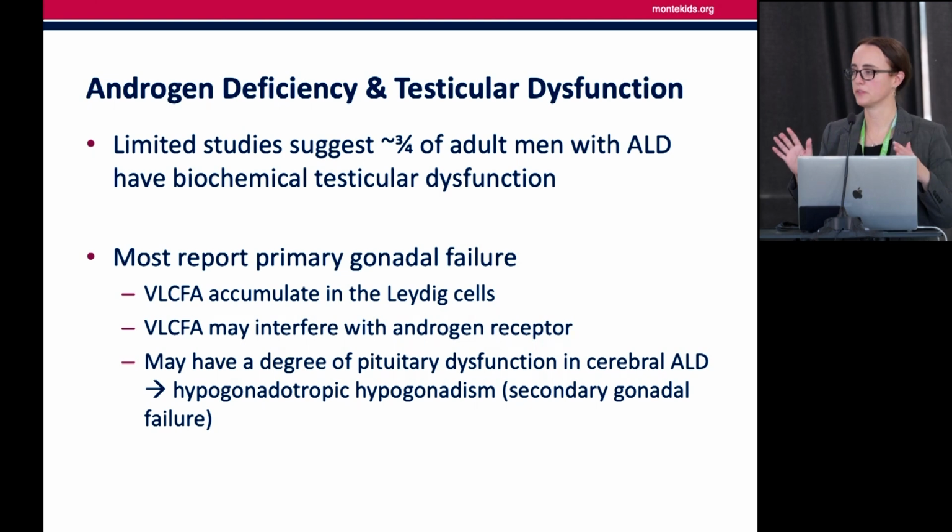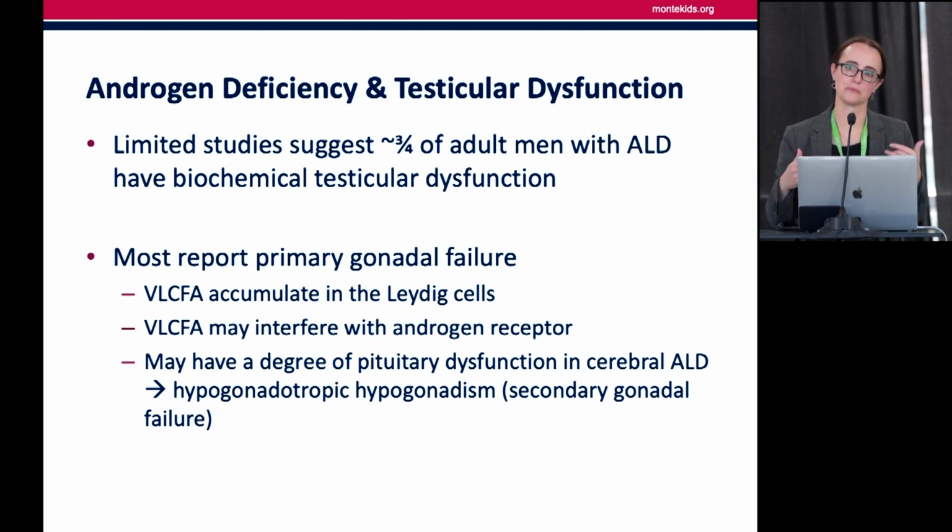So there are very few studies, and most of these studies were published in the 90s when, first of all, our laboratory assays for hormone testing were not the greatest, but also I think we did not have as open of a culture of talking about things like this. So I think this is something that adult endocrinologists should really look into for men with ALD.